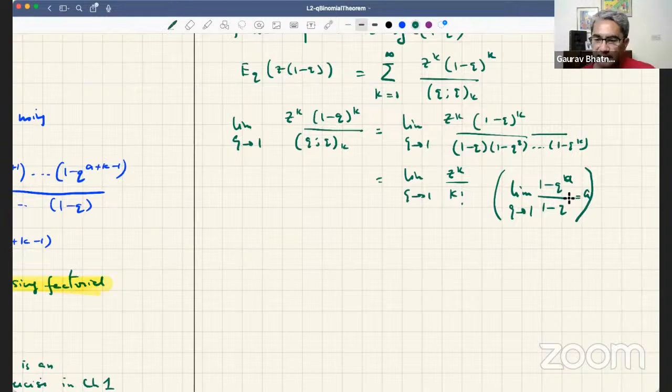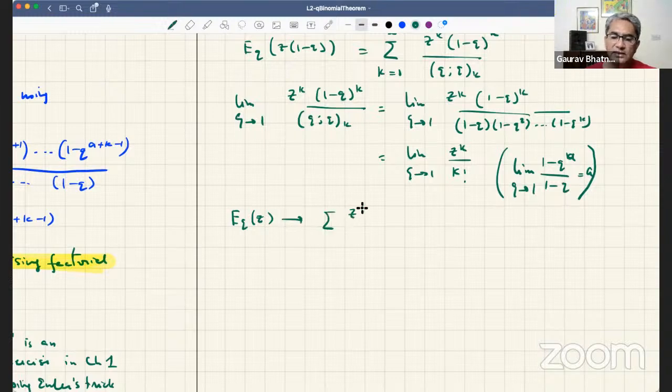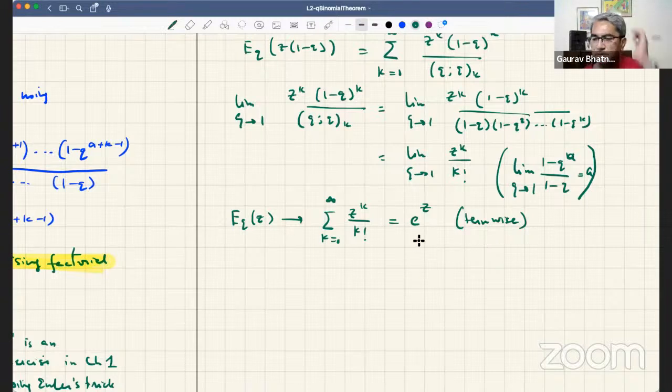This is just saying that the function q^a has derivative a at q equal to 1. So if we do that, term-wise E_q(z) tends to the series z^k over k factorial, which is the exponential function. This is term-wise, and you can justify that the limit is actually this because this converges uniformly and absolutely.